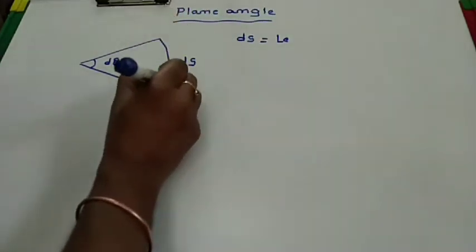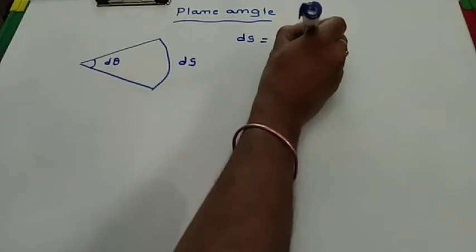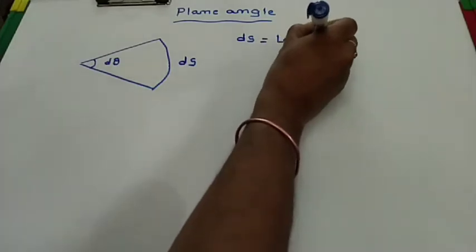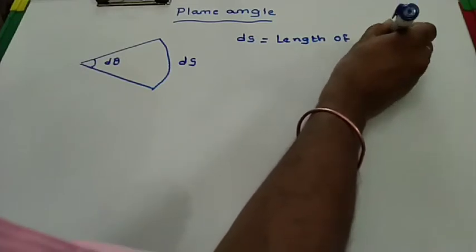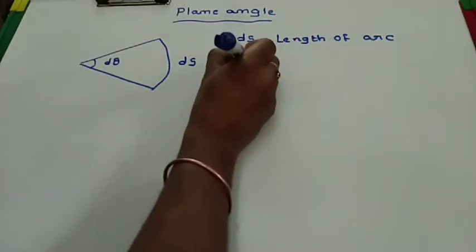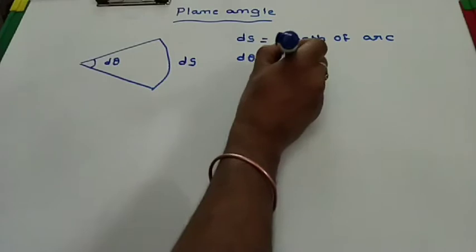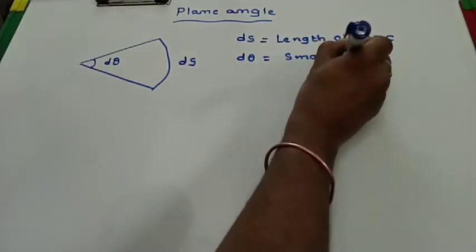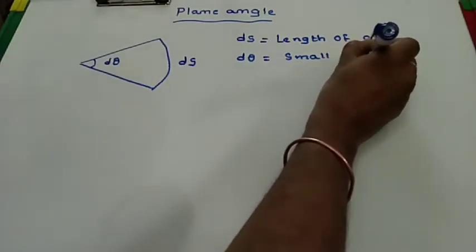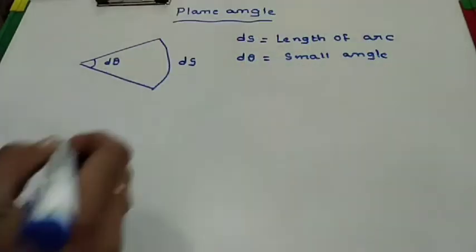This is called the arc. Length of arc. Now d theta is equal to a small angle. Small angle.